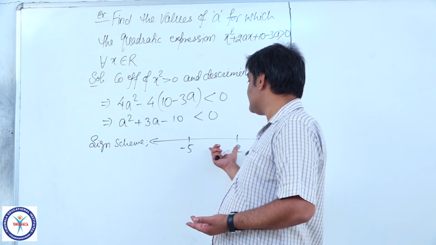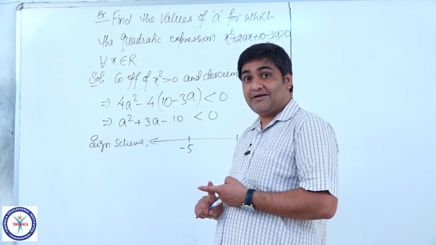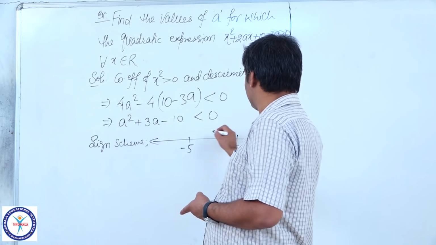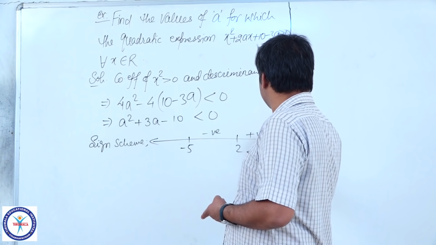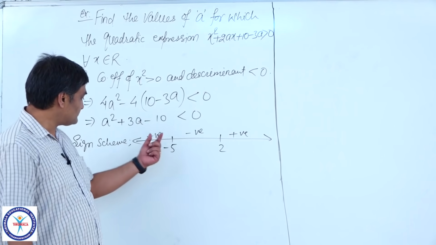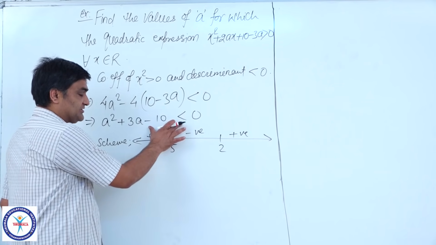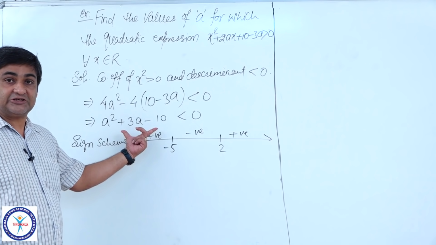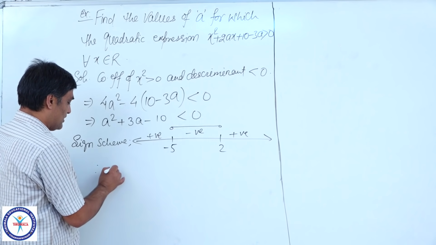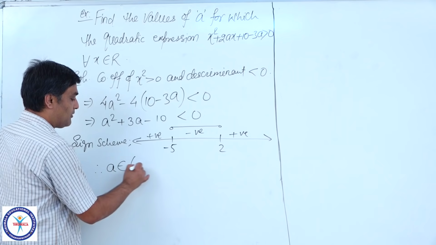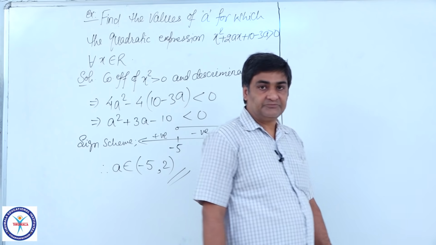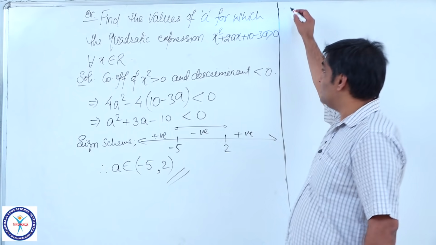In between the roots, the sign is opposite to that of the coefficient of a square, so it is negative, positive, positive. Now we are interested in those values where this expression is less than 0. So this one. So our answer will be a belongs to the open interval minus 5 comma 2. Fine.